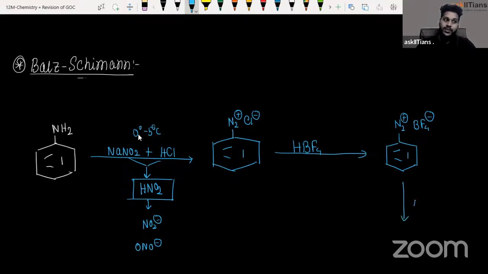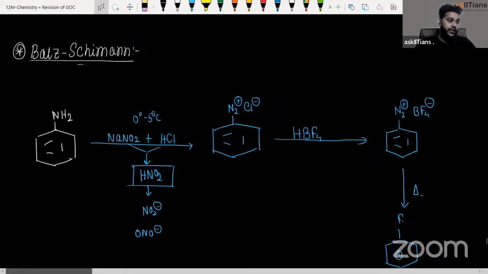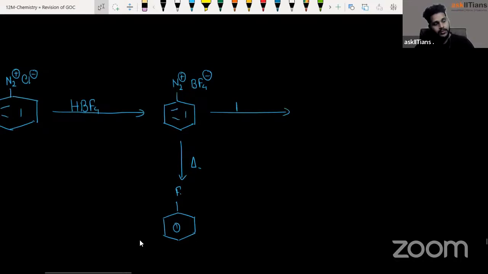Now this molecule, if you just heat it, becomes fluorobenzene. This reaction has another utility as well. Do you know what would happen if I give NaNO2 in there? Try it.